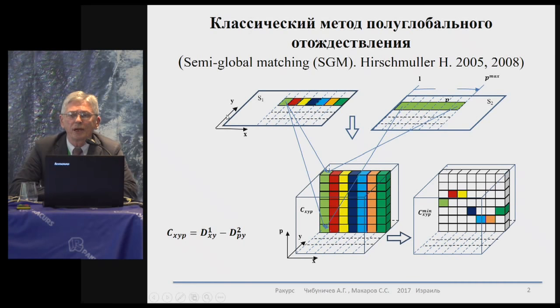At the first stage, the stereo pair of images, and this method of semi-global matching is based on the processing of separate stereo pairs, which originally were to be transformed or rectified along the basic lines or epipolar lines. I will use Russian terms here anyway.